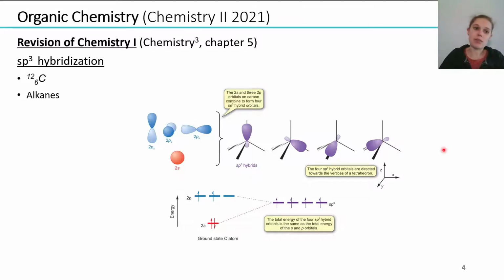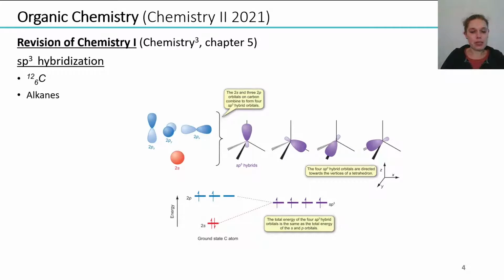What is important is that if you put four orbitals in, which interact, then you also form four hybrid orbitals. So you should always get out the same number as you put in.